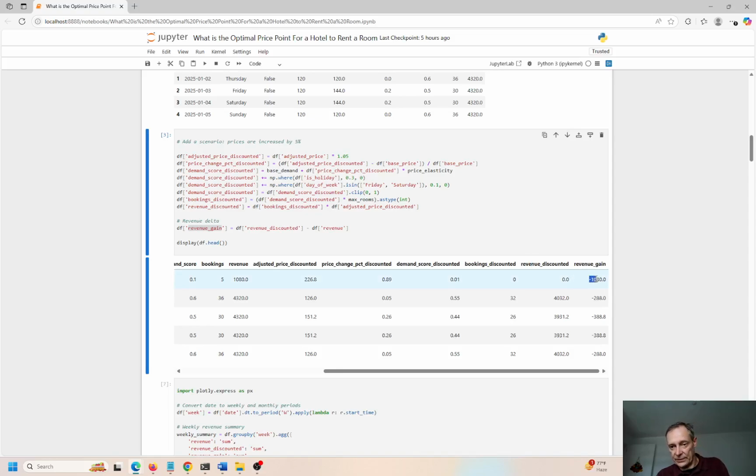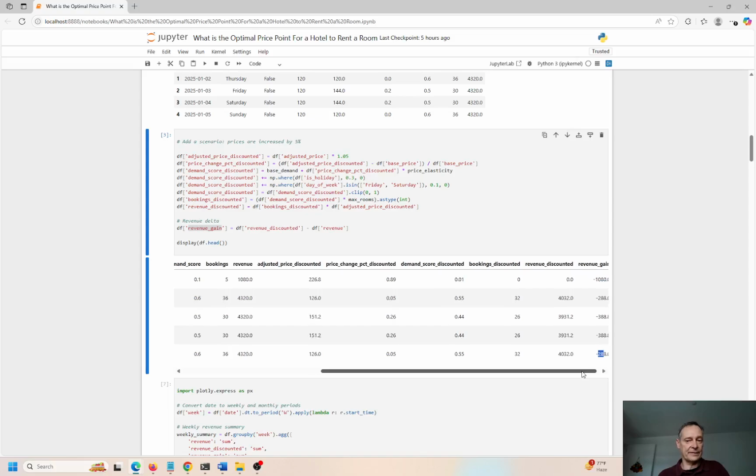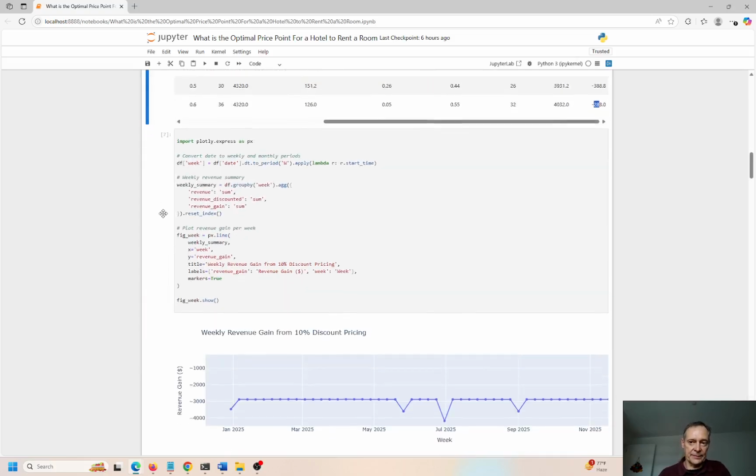So it's actually a loss over here, loss, loss, loss, loss. So we're losing revenue because there's not enough price elasticity here to justify the increase in the rate, right? So again, more elasticity, increase the rate and people still come. Less elasticity, increase the rate and people are just going to say, no, I'm not interested. I'm not going to go, okay?